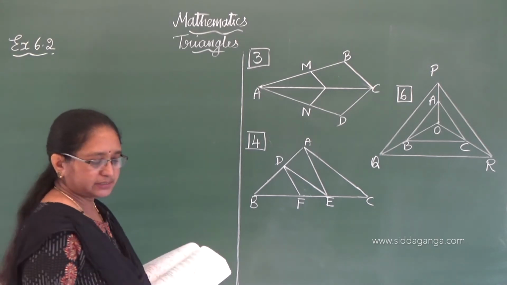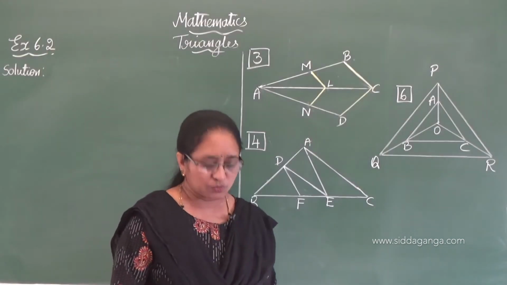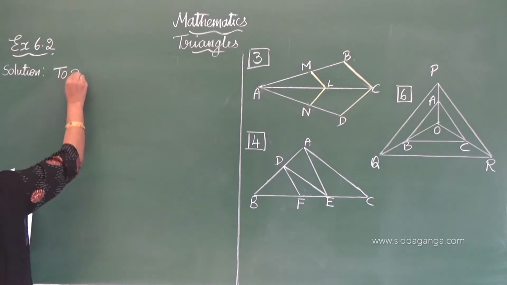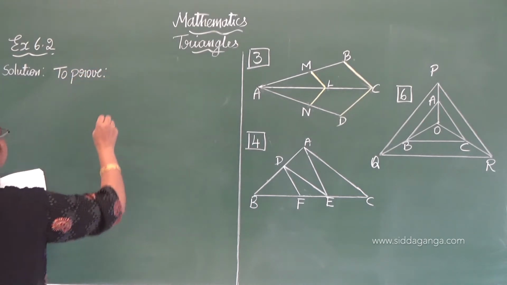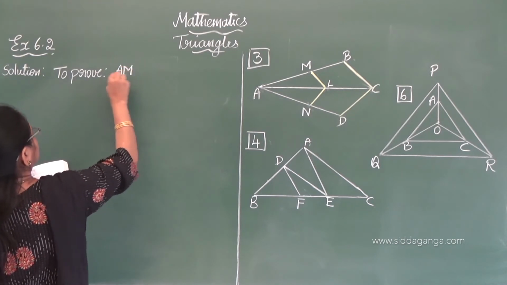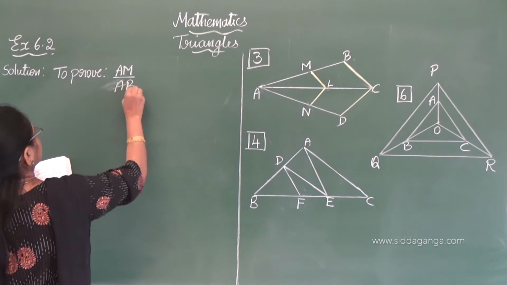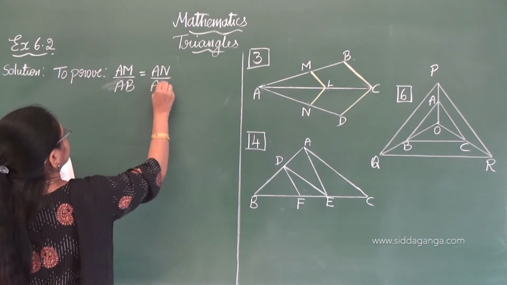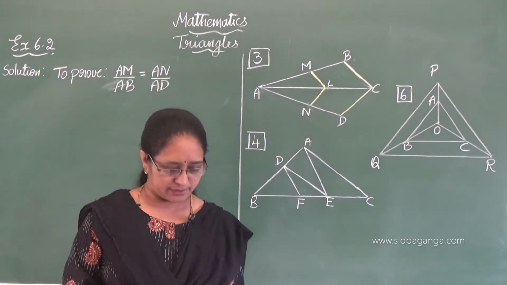So let me write the solution now. To prove, what is there to prove? We have to prove that AM by AB is equal to AN by AD.